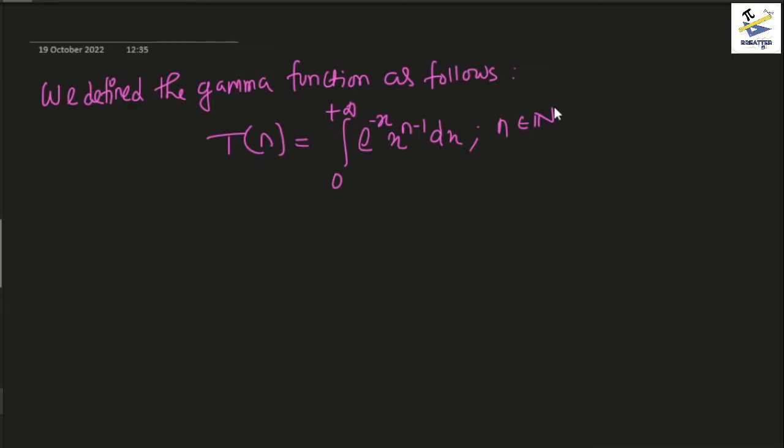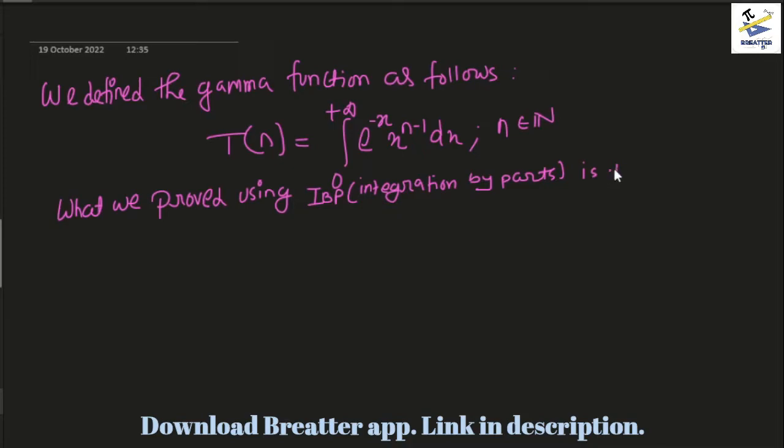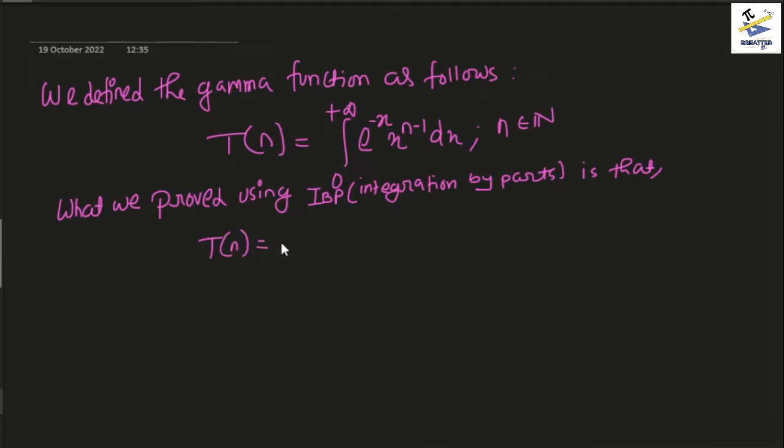Now what we had proved is as follows. Gamma of n is equal to n minus 1 into gamma of n minus 1.